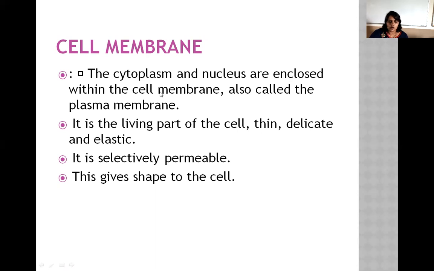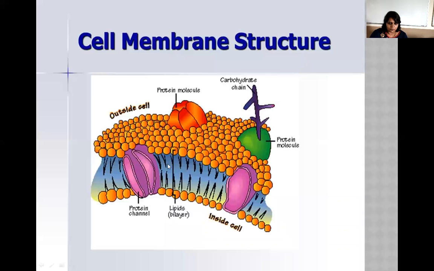It is also called a selectively permeable membrane because it does not allow every molecule to enter or exit. It permits only certain molecules to enter and exit. And it is the living part of the cell, which is very thin, delicate, and elastic. It gives shape to the entire cell.